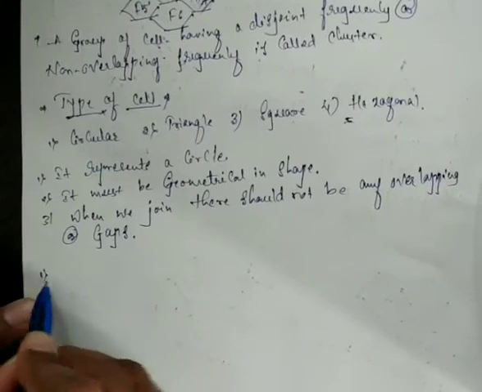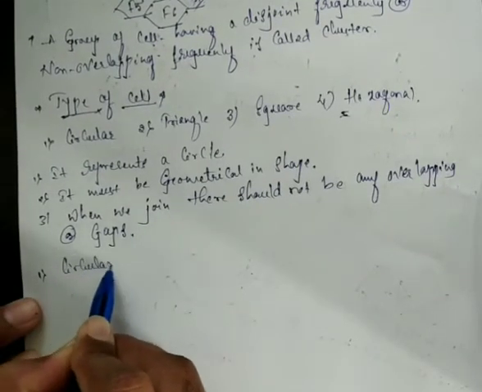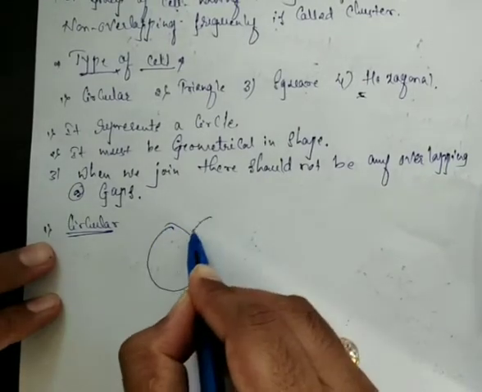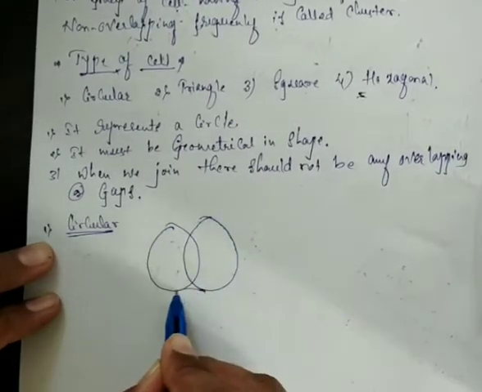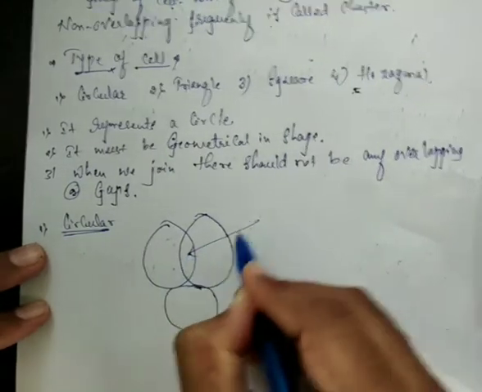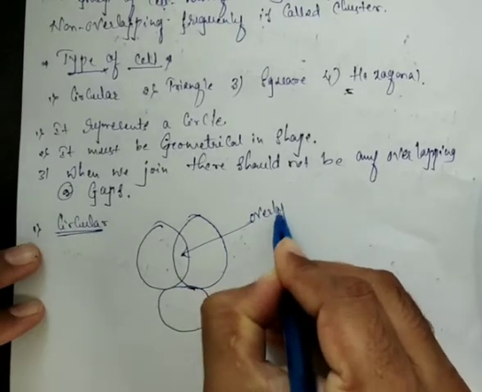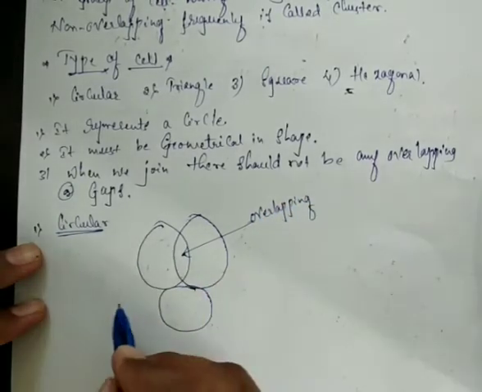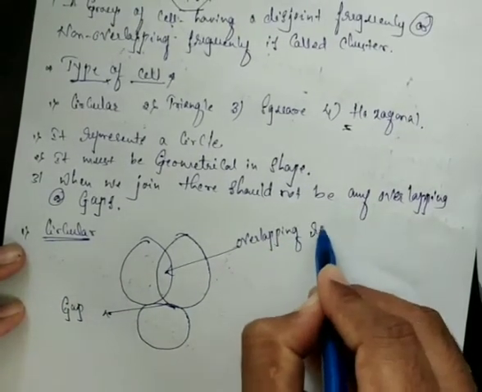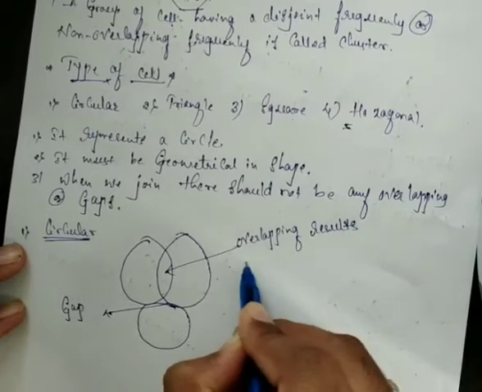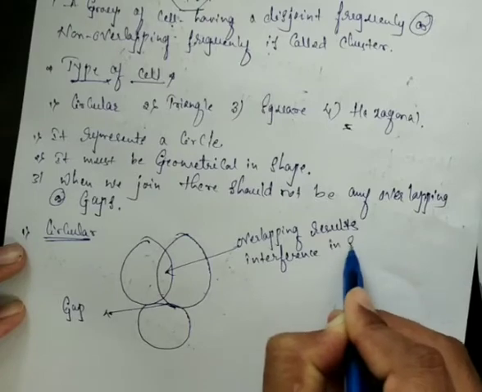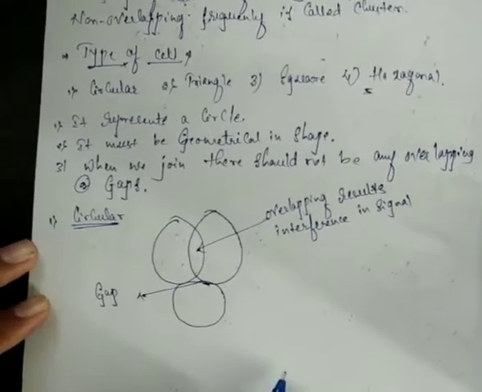First we'll see the circular shape. You have to join two or three circles. This is what? Overlapping. This is what? Gap. Overlapping results in interference in signal.